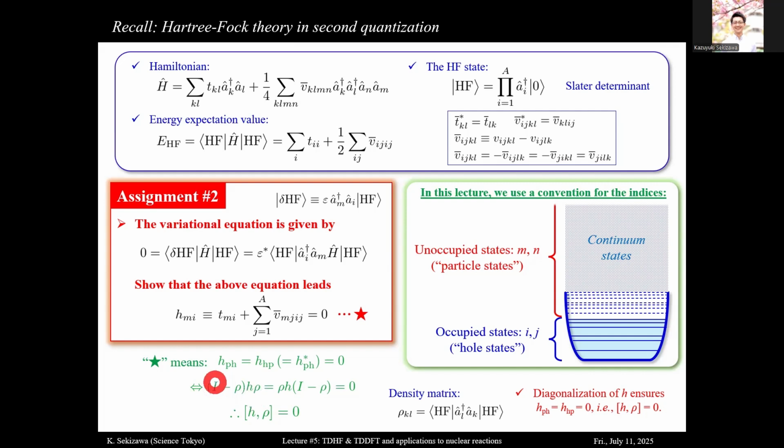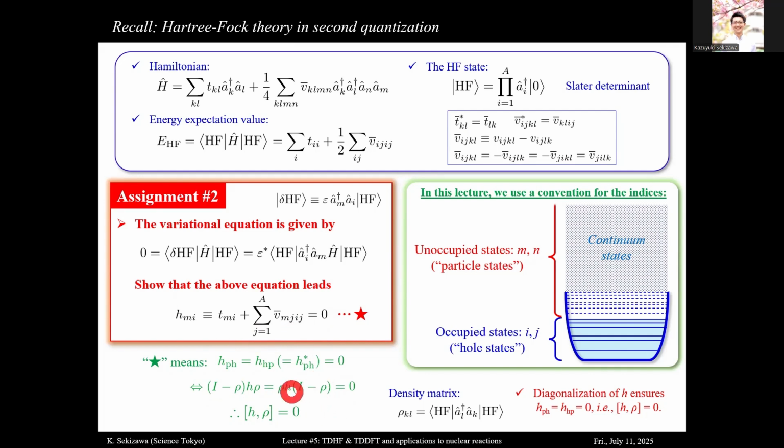So 1 minus rho is sigma. So sigma h rho and rho h sigma must be 0 because this operation picks up the particle-hole and hole-particle components. So this is just this variational condition. And from this, you can easily obtain this commutation relation. So this is the so-called Hartree-Fock condition.